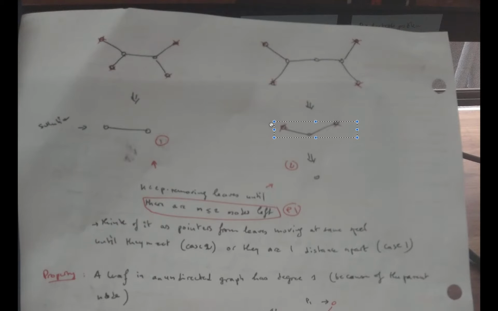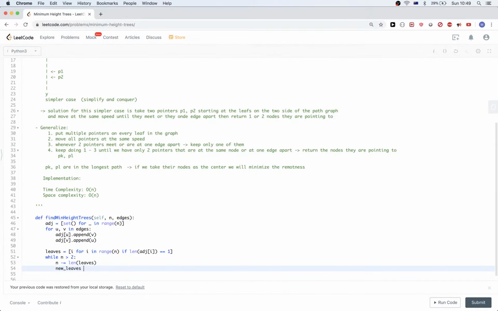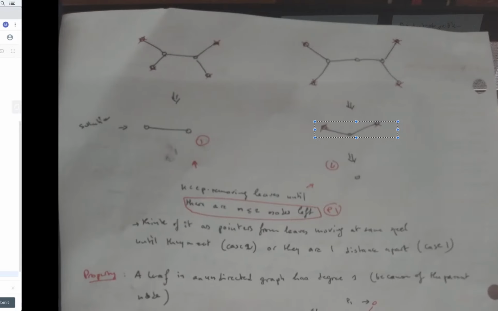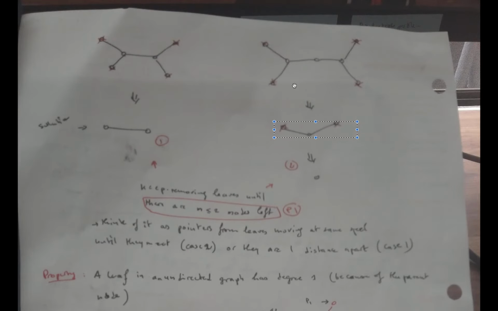So we are going to construct a list that will keep track of them, because every time we remove a leaf, the node that became degree 1 is a new leaf, right?